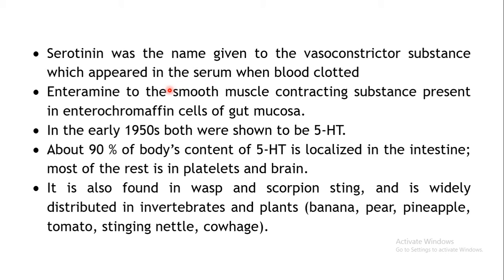And in another study, it was found that one particular substance produced a contracting action on the smooth muscles. Basically it was located in the enterochromaffin cells of the gut mucosa, that is in your GI tract. So that's why the name given to this substance was enteramine.